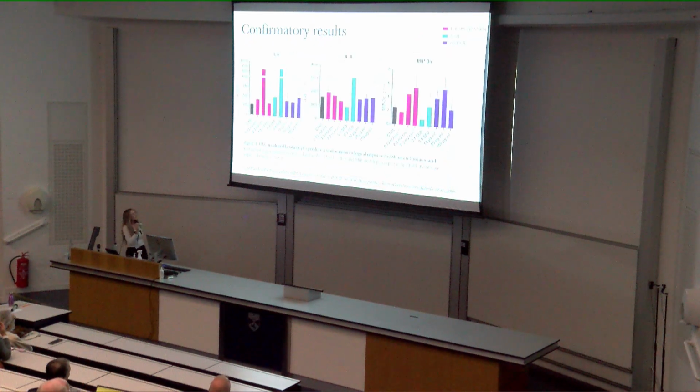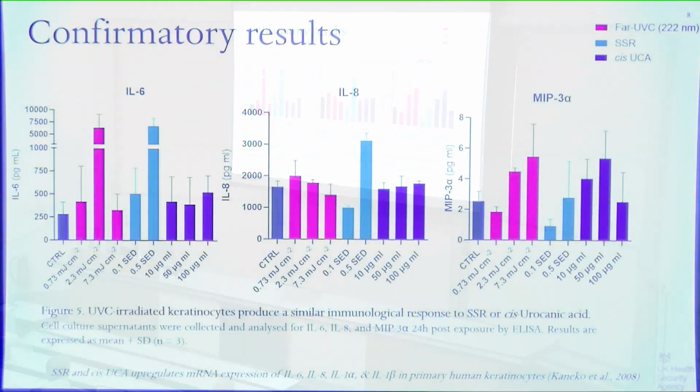So we took some other cytokines that we knew were upregulated from the literature, as well as what we got from our cytokine array results. And we found that with interleukin-6, very similar to interleukin-1 alpha, you get the same peak at 2.3 millijoules per centimeter squared, which is identical to 0.5 SED.